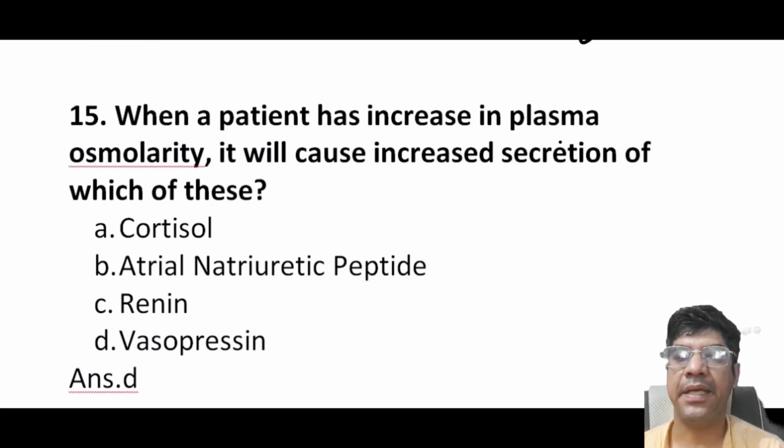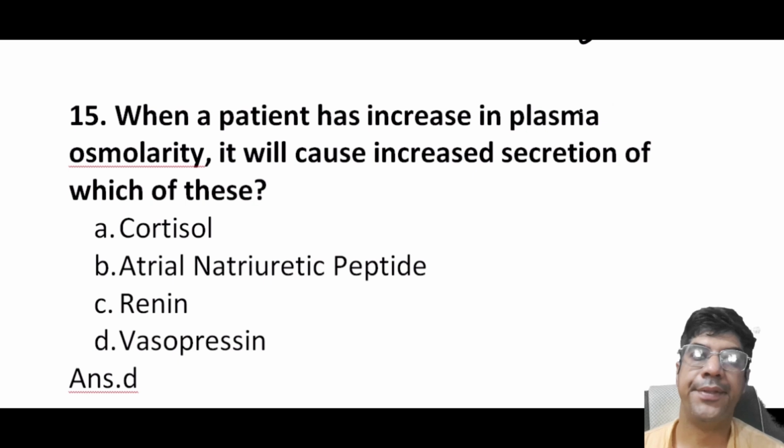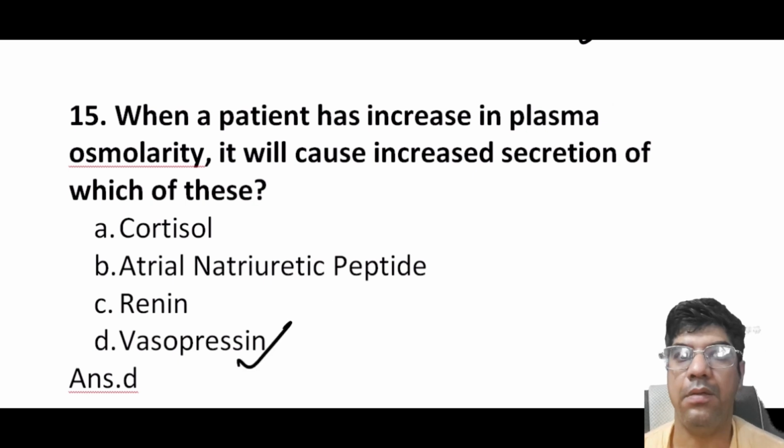When a patient has an increase in the plasma osmolarity, it will cause increased secretion of which of these? The answer is D, vasopressin.